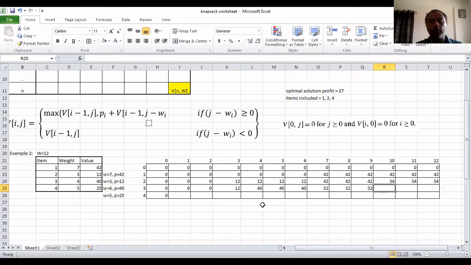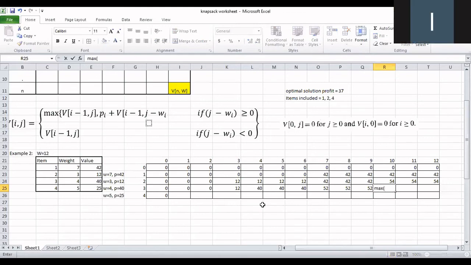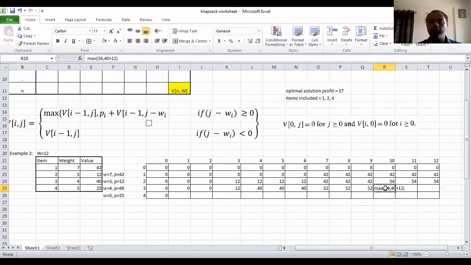So it becomes max of previous profit 54, then current is 40 plus V of I minus 1, J minus WI. J is 10, 10 minus 4, that is 12. Now the combination is, instead of choosing 2 and 3, we are choosing 1 and 2. So the profit remains as 50.